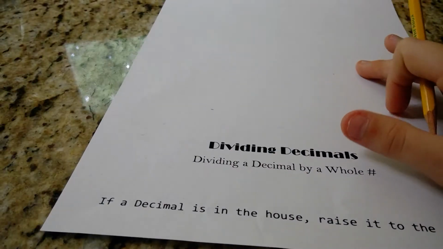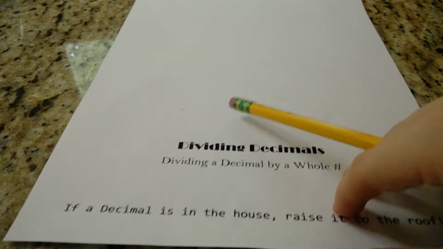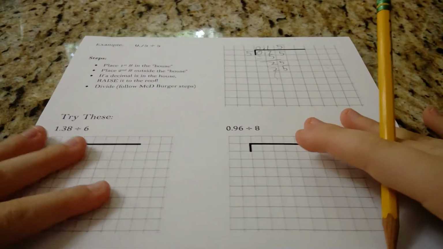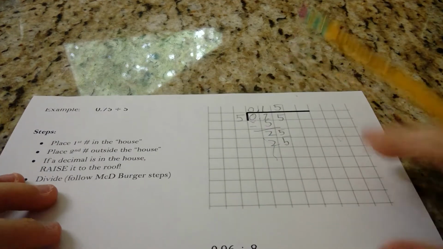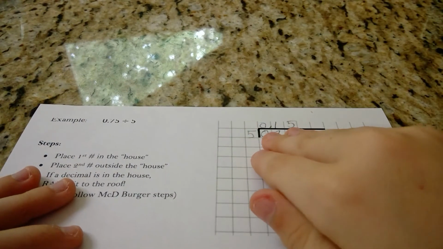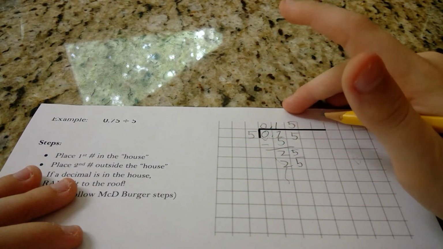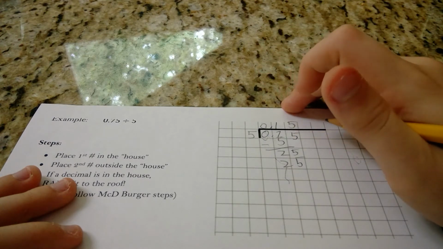So, what we have right here is dividing decimals. And we're going to do this example right here. What I did was 0.75 divided by 5.